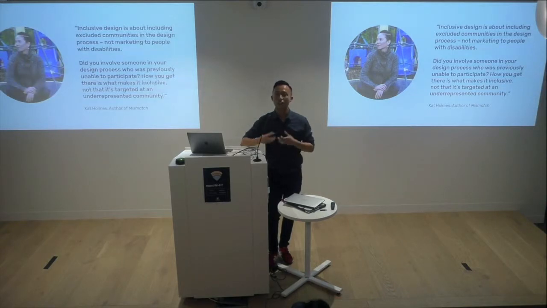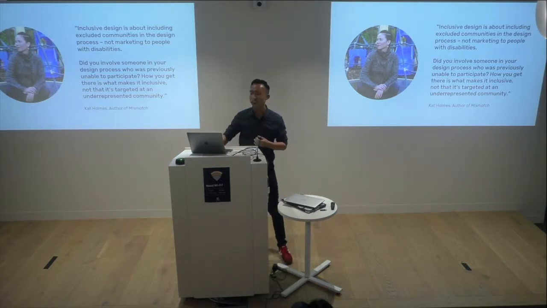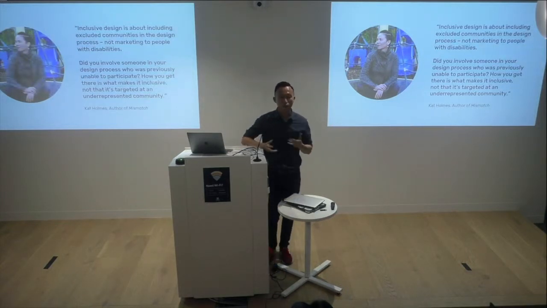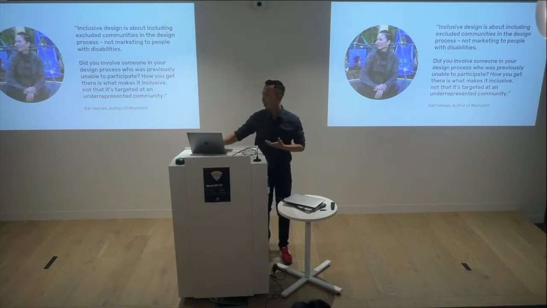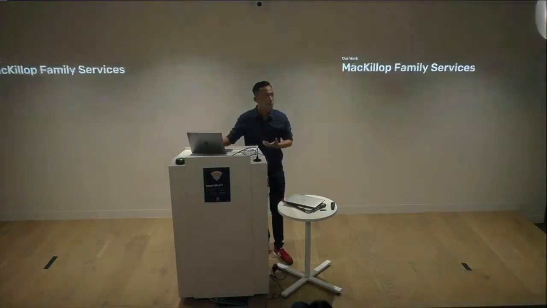Convincing them to step out of that sometimes to include a wider range of perspectives in the design process can be quite challenging. Again, I'm not saying that we've done it right or perfectly, but here are some examples of how we try to go about doing it and what we've learned in the process.